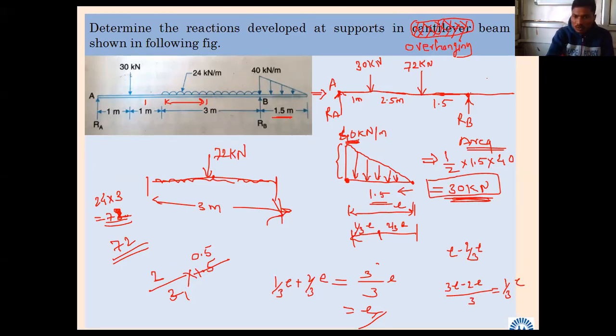Just check, 1 from end. अपेक्स पासून 1 आणि इकडून 0.5. I'm asking from apex itself, 1 meter. So it will be 1 and it will be 0.5, and this will be 1.